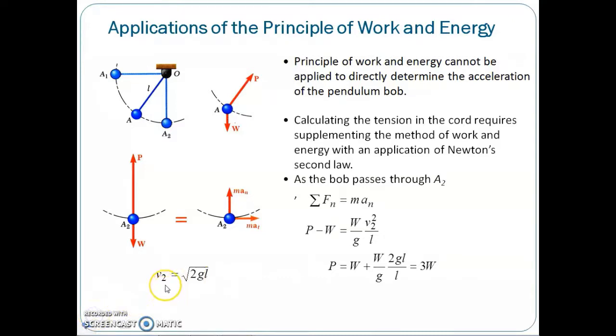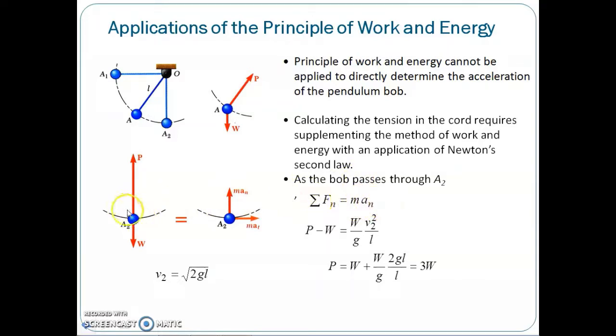So here we know that at A2 the velocity V2 is equal to square root of 2GL, and making use of the free body diagram and the kinetic diagram itself, we come up with Newton's second law, summation of Fn equals to m an.